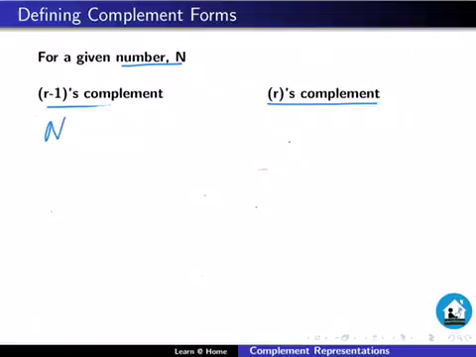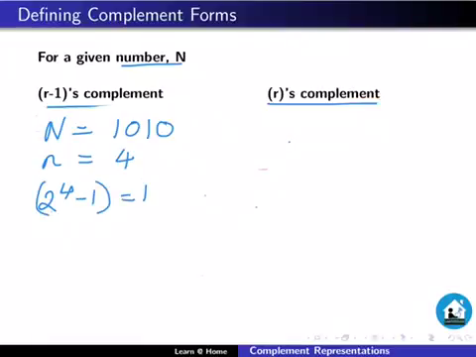That means the capital N is given as 1010, and small n here is the number of digits. In this case it is going to be 4. And now when we find r raised to n minus 1, that is 2 raised to 4 minus 1, we know that this is 15, and the equivalent binary is 1, 1, 1, and 1.